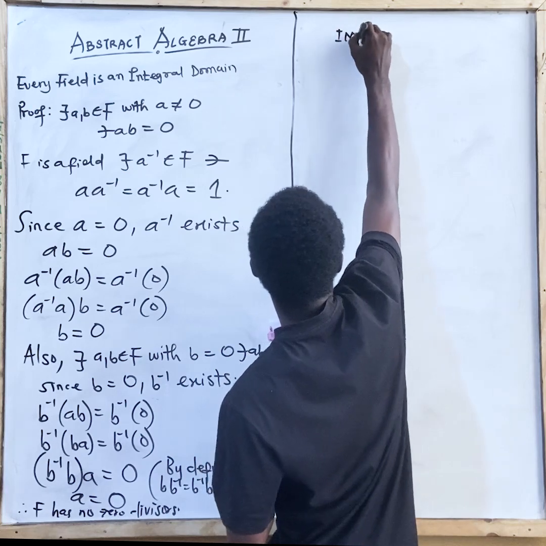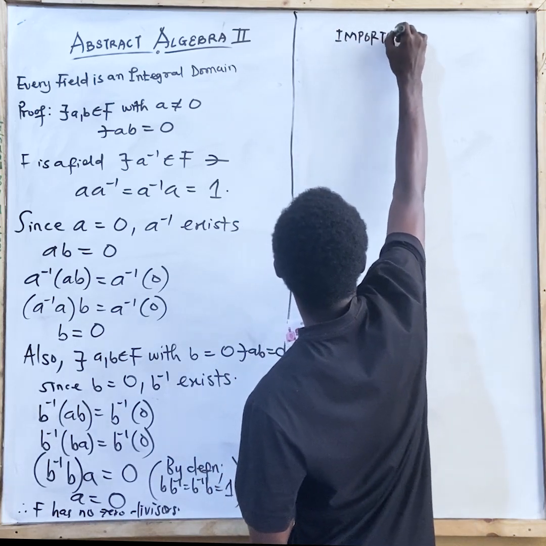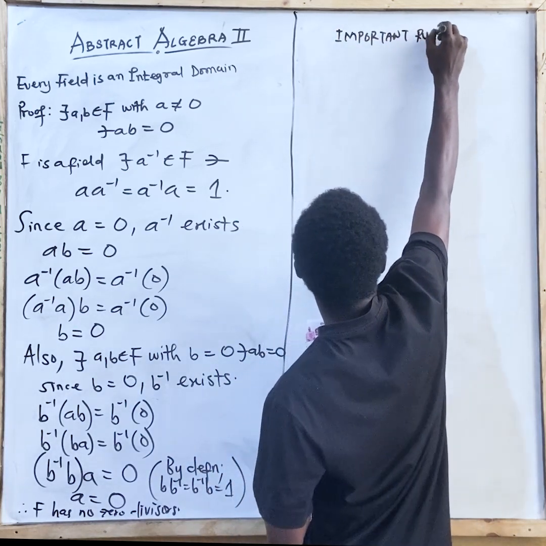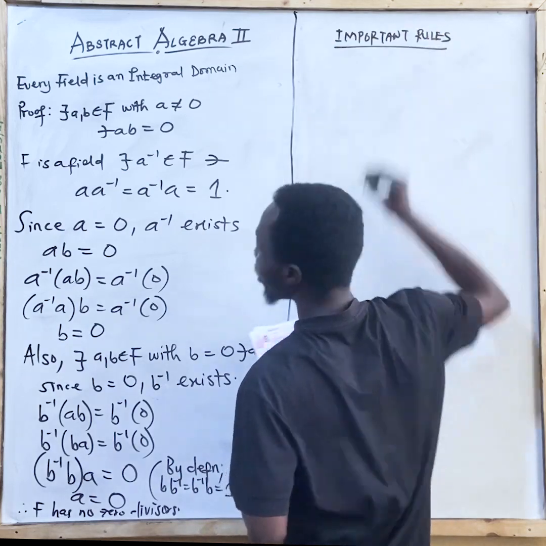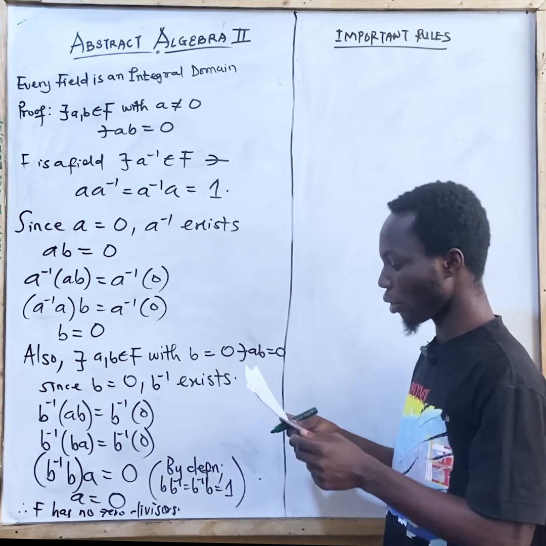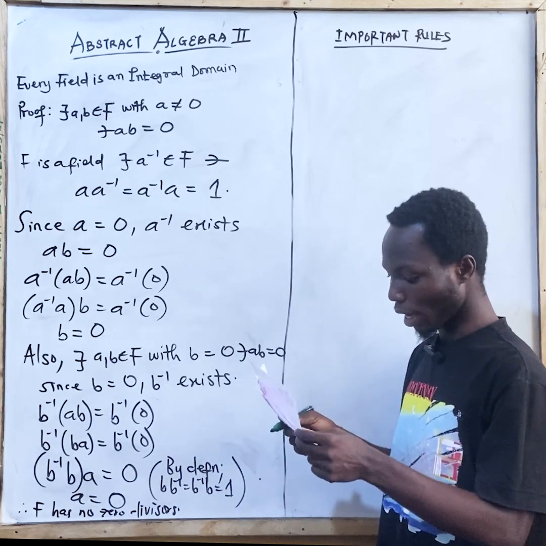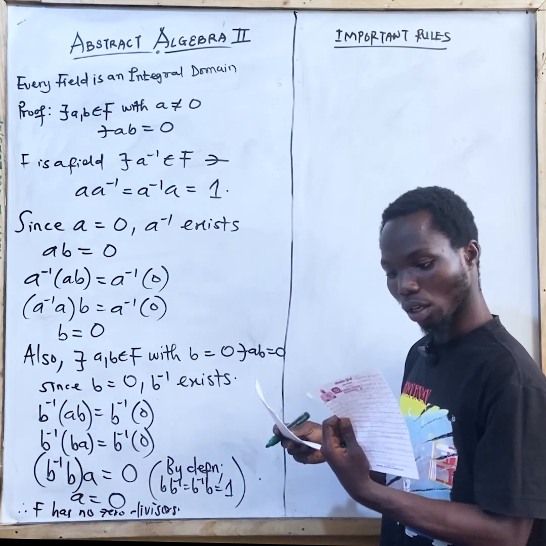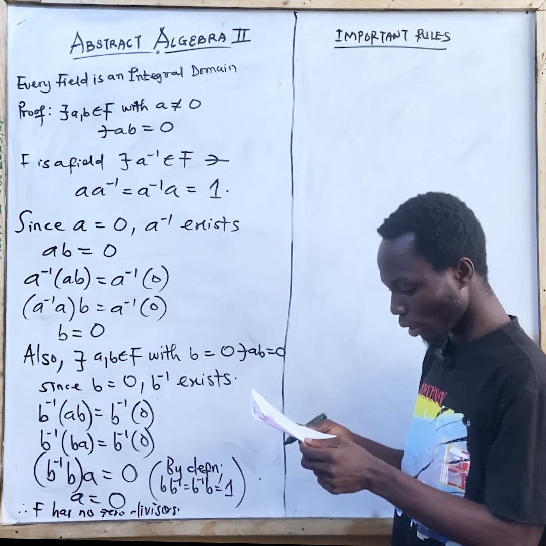Now, before I move to what we want to do, associates, I'm going to write out some important rules on the board. These rules will cover some of the things we have done in the previous classes on zero divisors, integral domains and all.